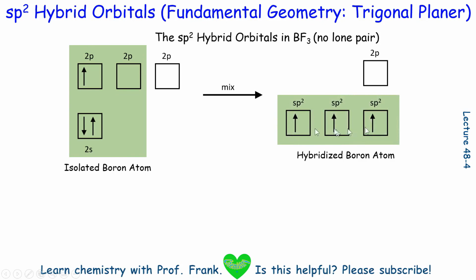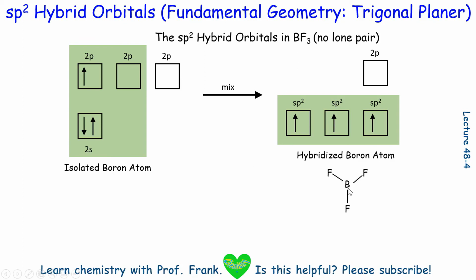Those are the 3 hybridized sp2 orbitals, and the 3 valence electrons occupy each of those orbitals singly, so that they are able to accept another electron from other atoms to form 3 bonds. And this one is still an atomic orbital that is not involved in bond formation in the BF3 molecule.